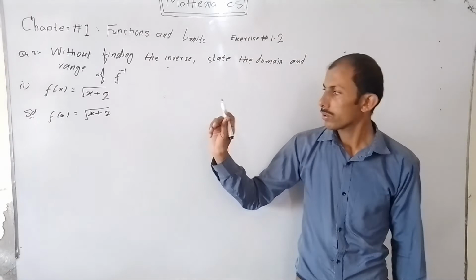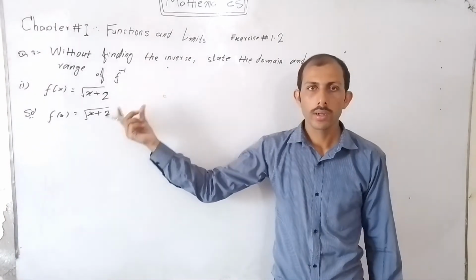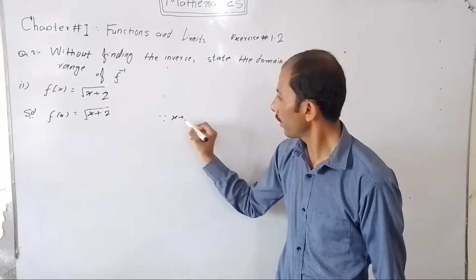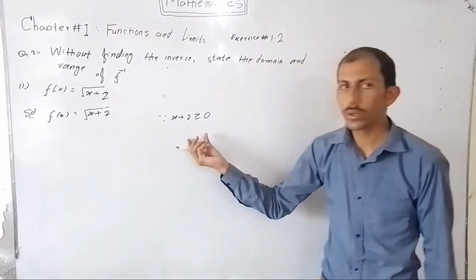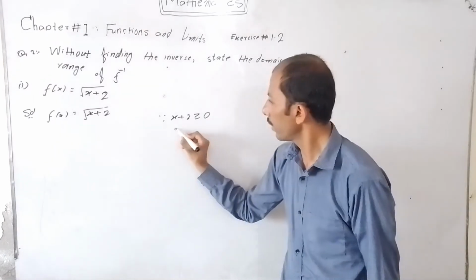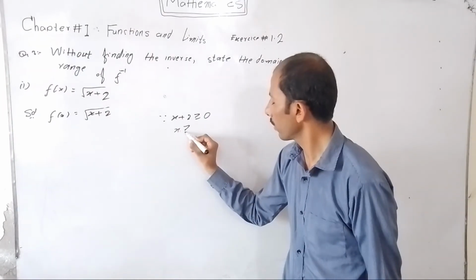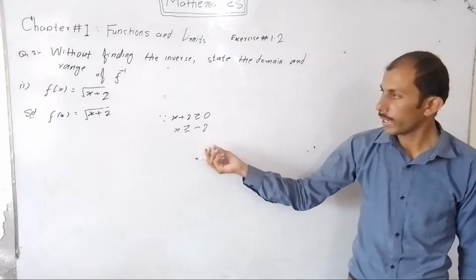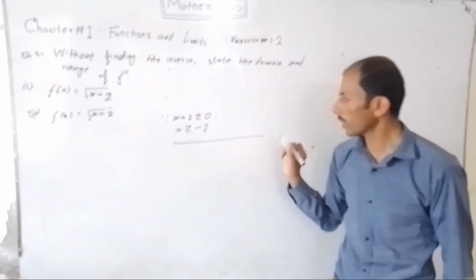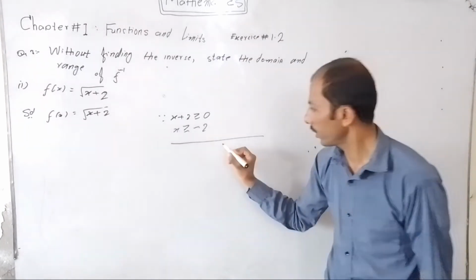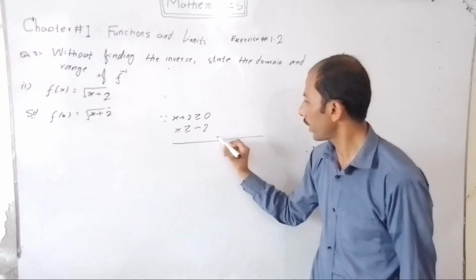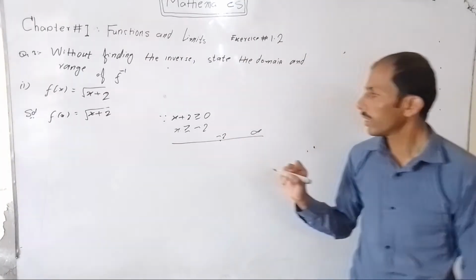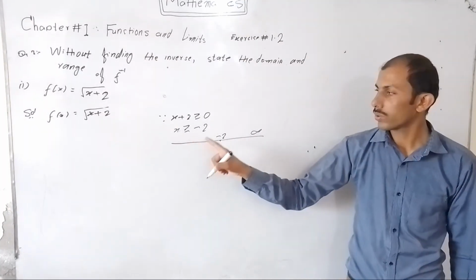Dear student, you must write the value under the root. x plus 2 greater than or equal to 0. So x greater than or equal to minus 2. So the domain of this function, graphical representation of this interval, is minus 2 to plus infinity, it means x greater than or equal to minus 2.